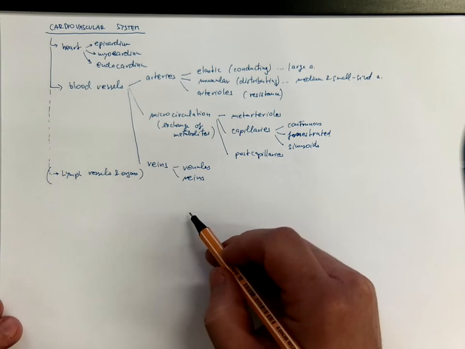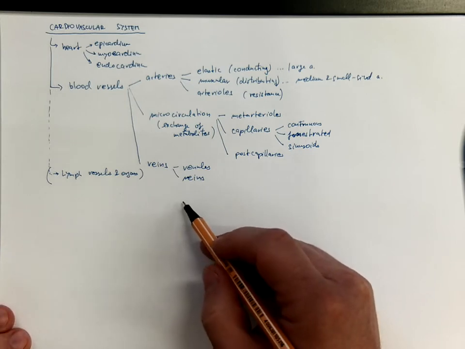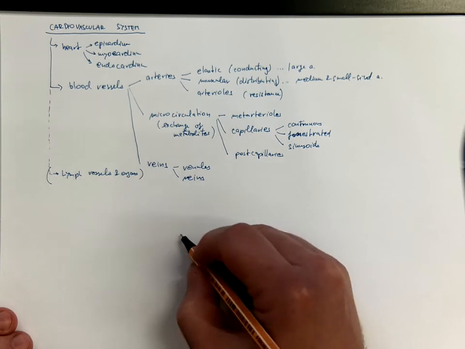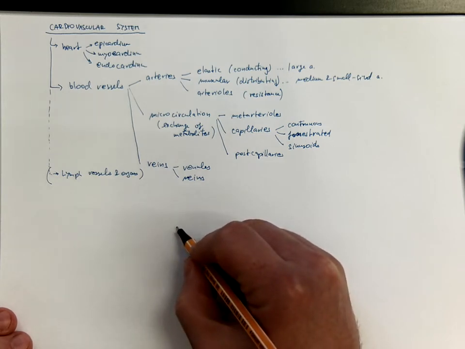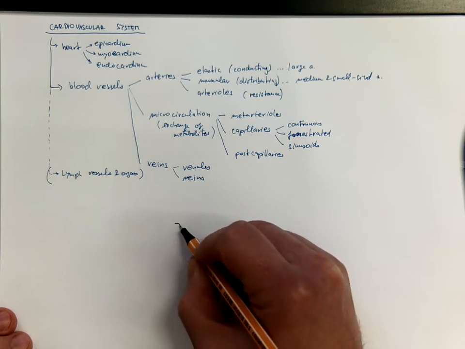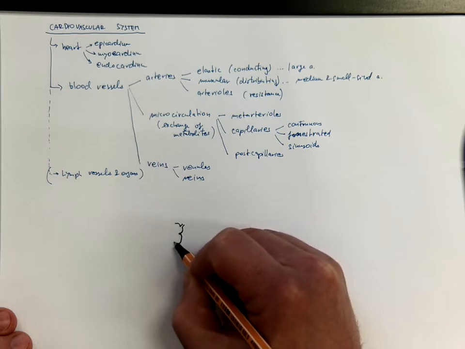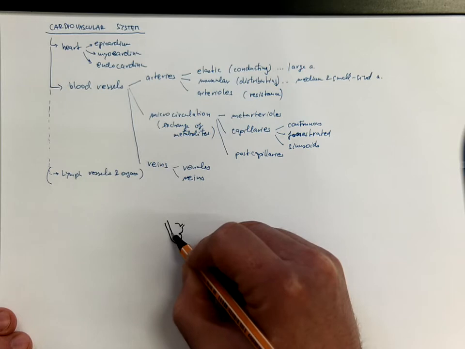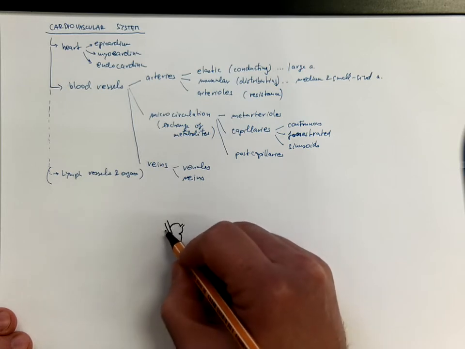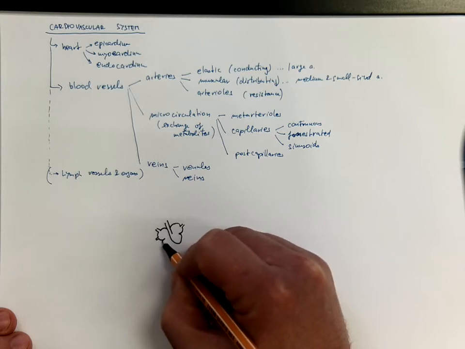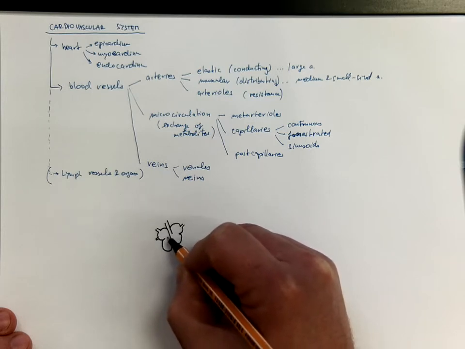Let's consider the position of these types of blood vessels in the circulation. So let's make a scheme of circulation, starting with the left atrium, then we got the left ventricle, and the right atrium, and the right ventricle.